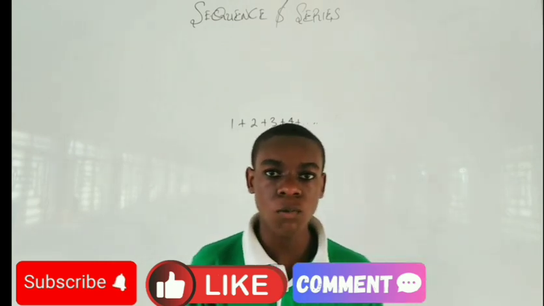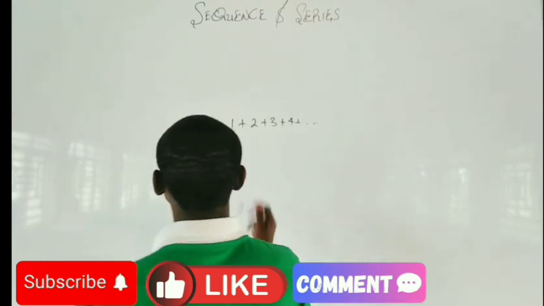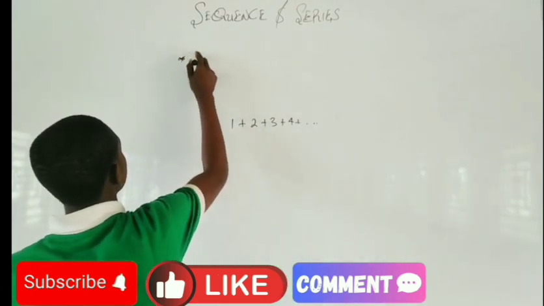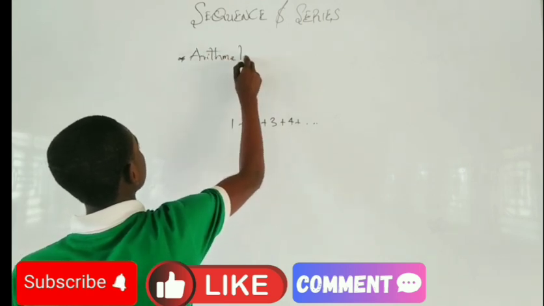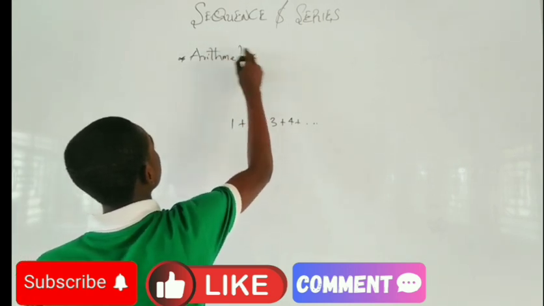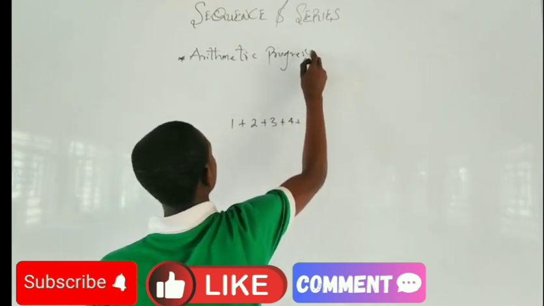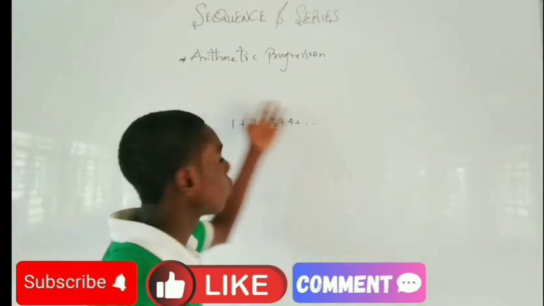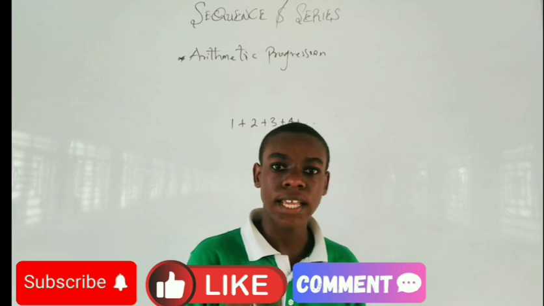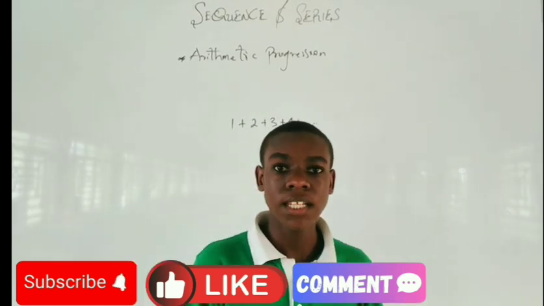Now, under the topic sequence and series, we have several things to look at. The first thing we look at is the arithmetic progression. Under this arithmetic progression, we have the nth term of an AP, and the arithmetic progression is also known as a linear sequence.